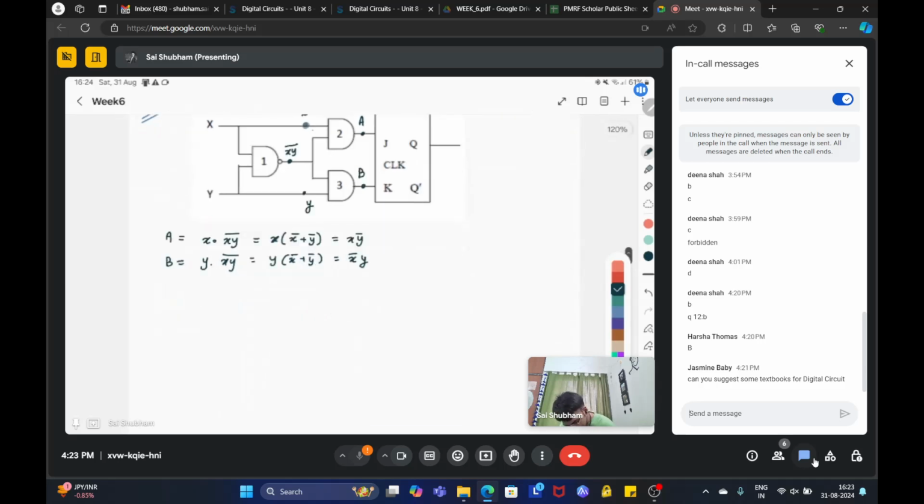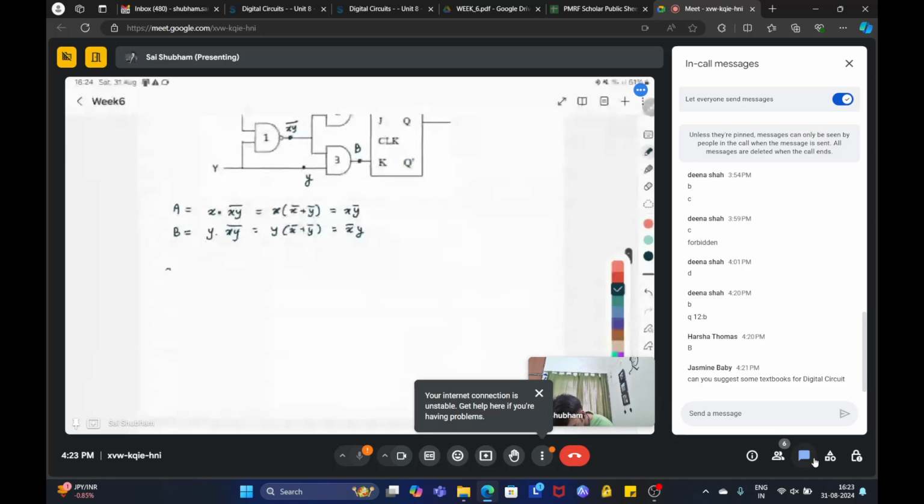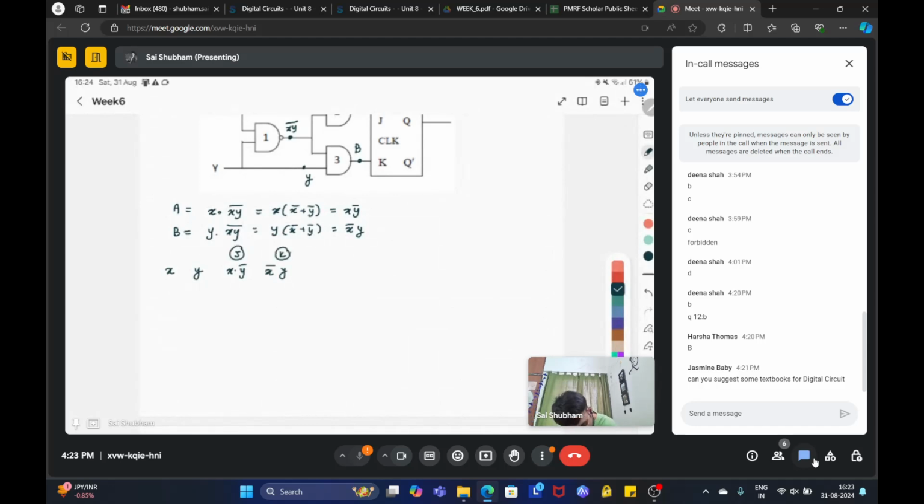Okay, now let's make the condition: xy, xy bar, x bar y. So this will be your j, this is your k. 0 0, 0 1, 1 0, 1 1. So when this is 0 0, this will be 0, this is also 0, so this will be 0 0 as well. Now here it will be 0 and this will be 1.